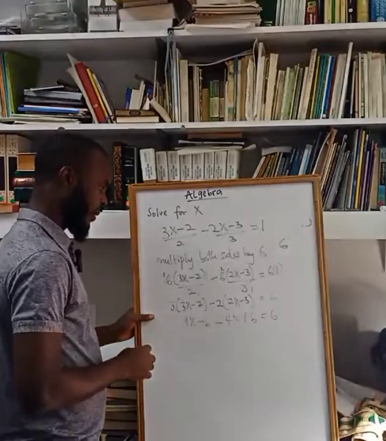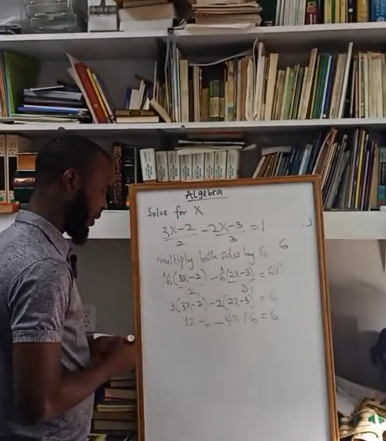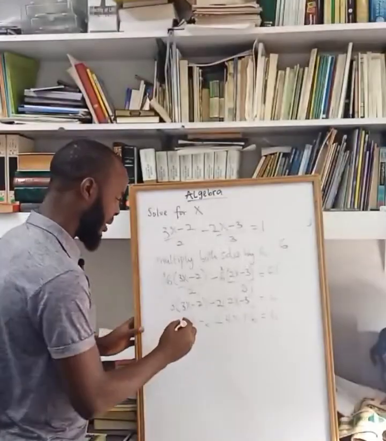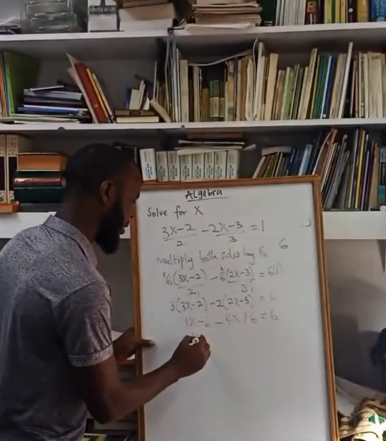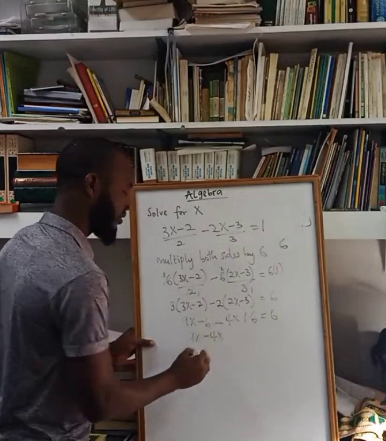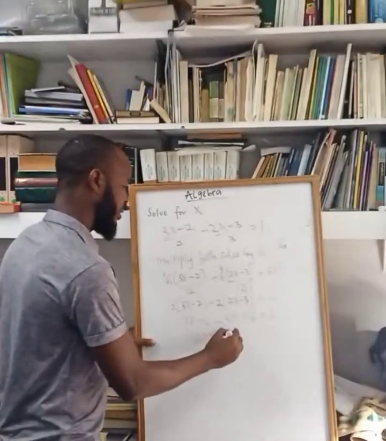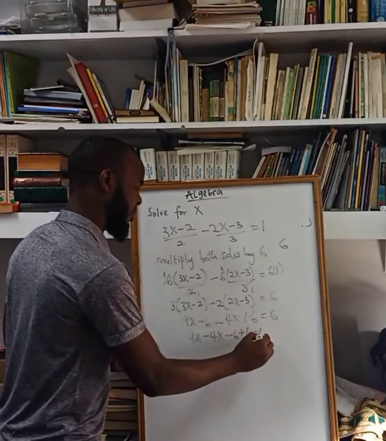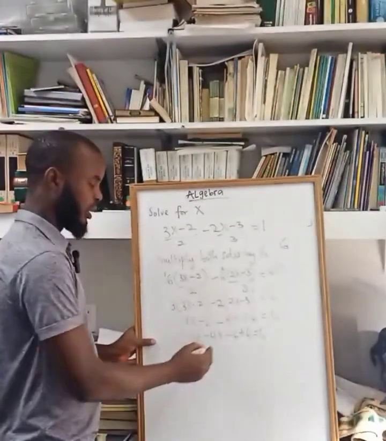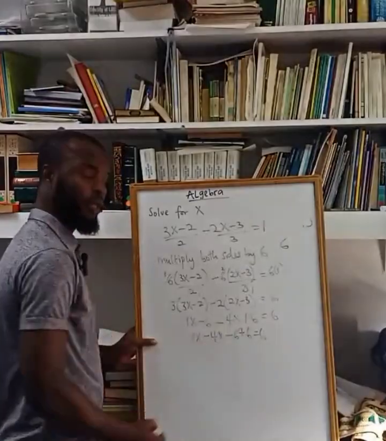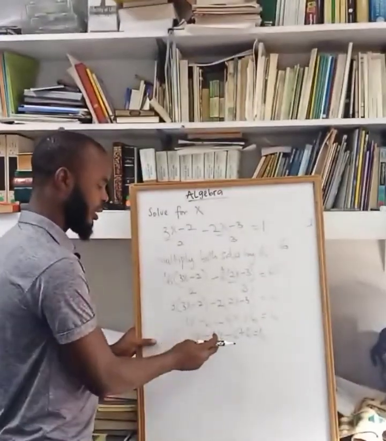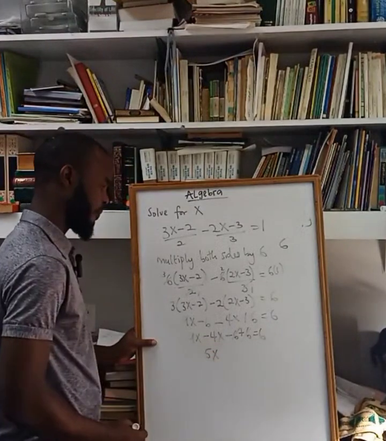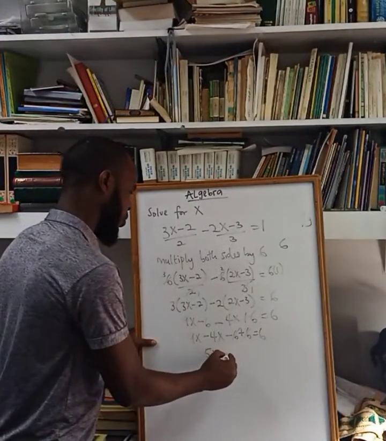Going forward, here I'm collecting like terms: 9x minus 4x, minus 6 plus 6 equals 6. Negative 6 plus 6 cancel out. 9x minus 4x gives 5x equals 6.